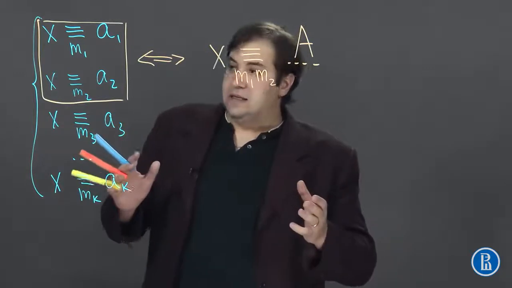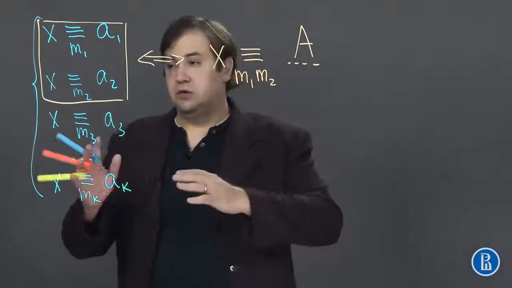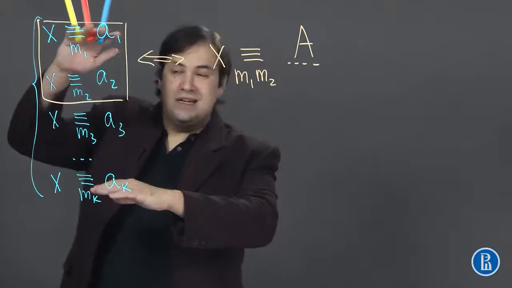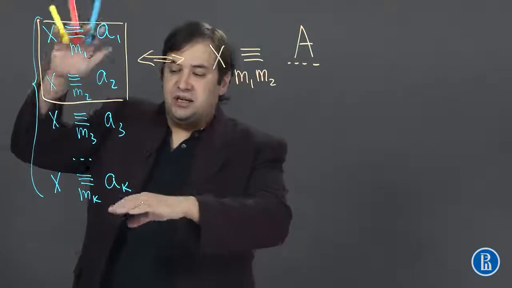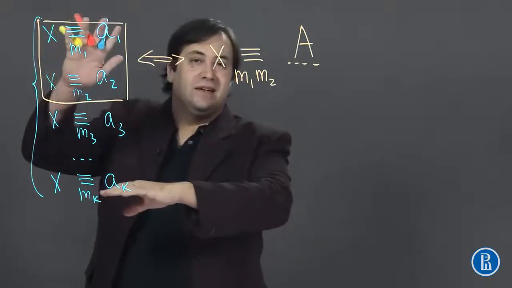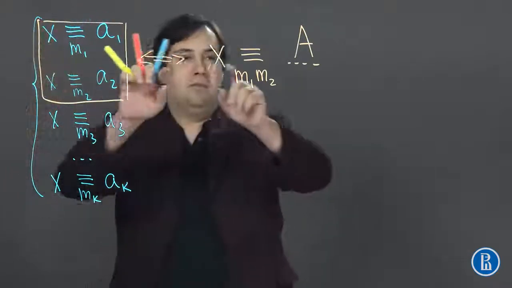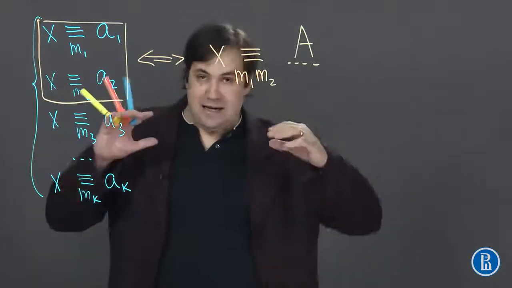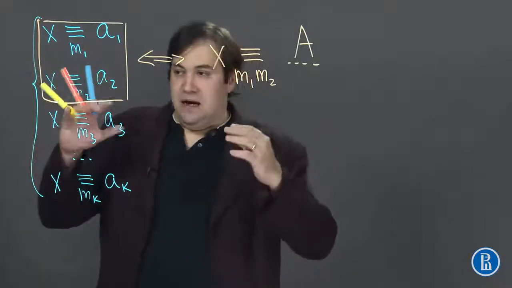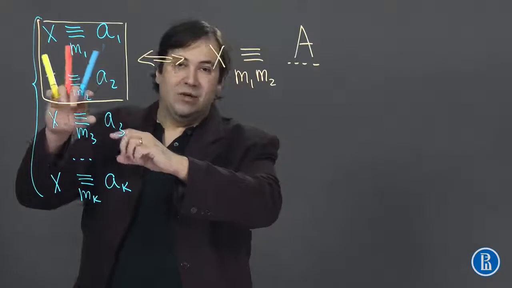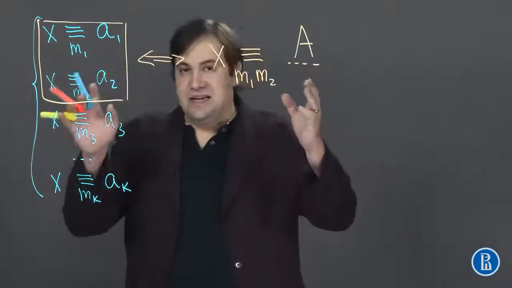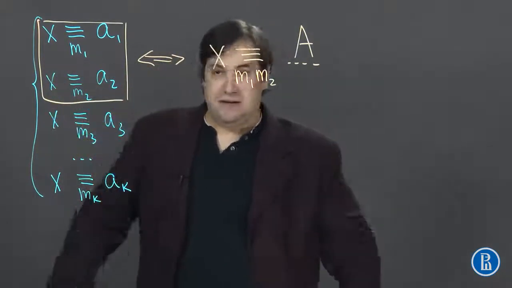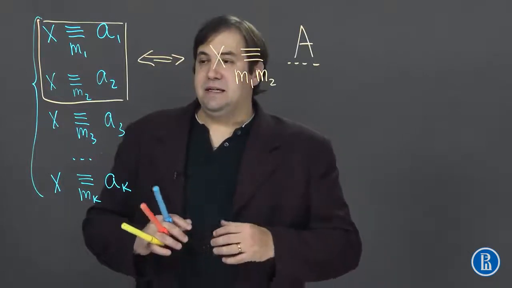This will allow us to shorten the list of the congruences. If we have initially k congruences, then replacing two of them by one, we'll have k minus 1 congruences, and then take some other pair of congruences and replace it by one using the same idea.